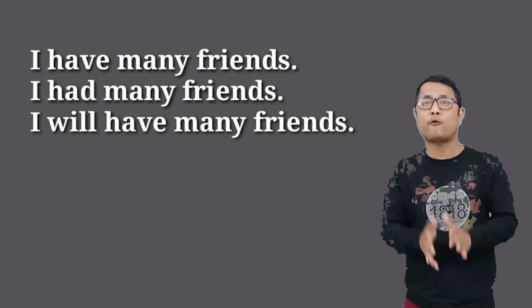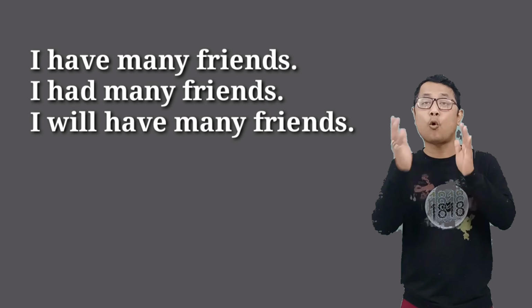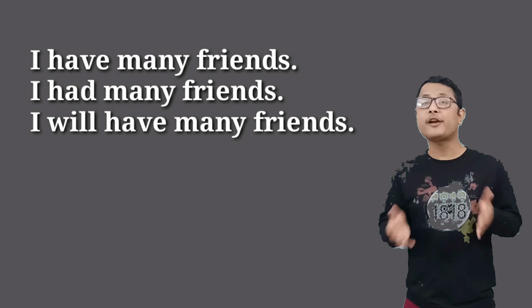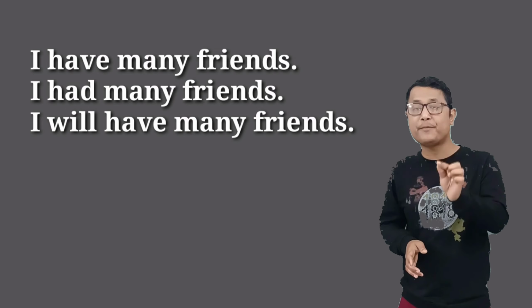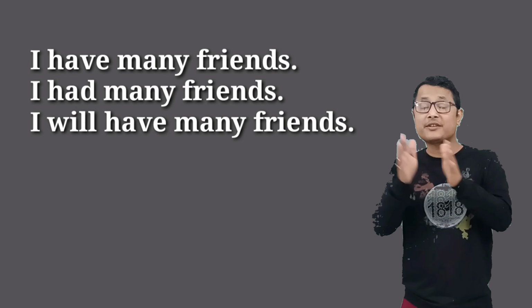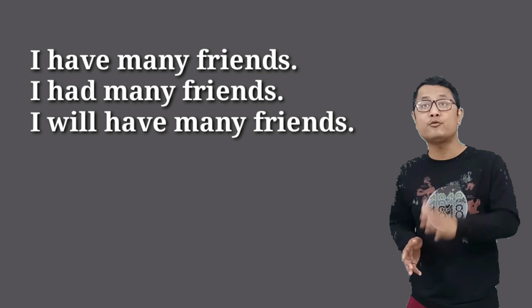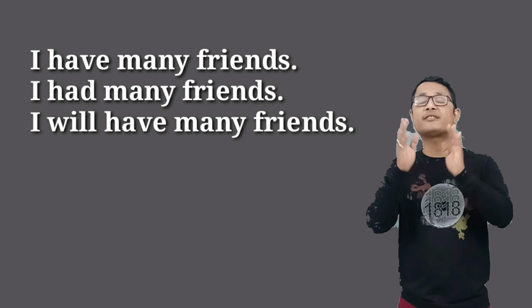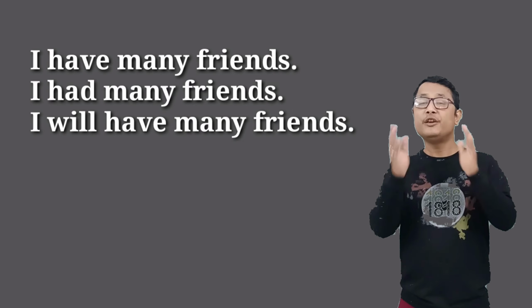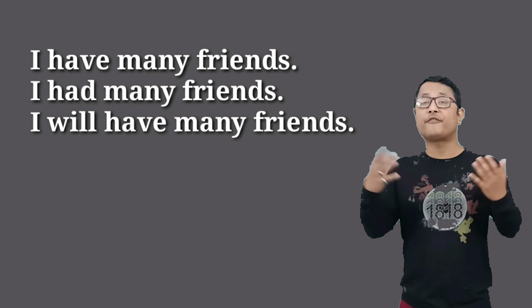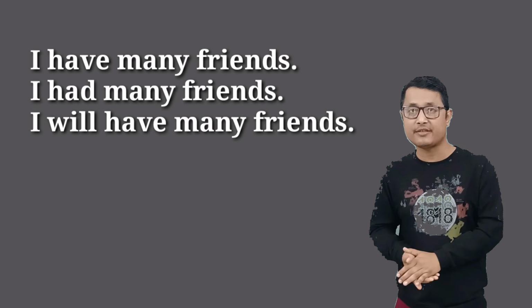Like that, we can form different sentences only by changing the form of the helping verb. Just try to change the be verb and the helping verb of the sentence and the tense will change itself. And you should also try to know the meaning of the sentence as well. If you try in such a way, definitely you will be able to form different sentences in different tenses.